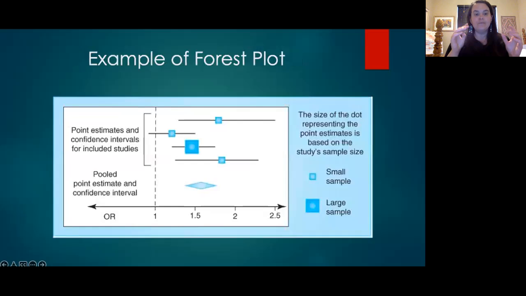And so for a forest plot, take a second, what do each of these lines represent? Each line represents a different study. So these are each point estimates and confidence intervals for each of the studies. And finally, this diamond here is the pooled estimate and confidence interval that they determined from their meta-analysis. So combining all of these studies into one.